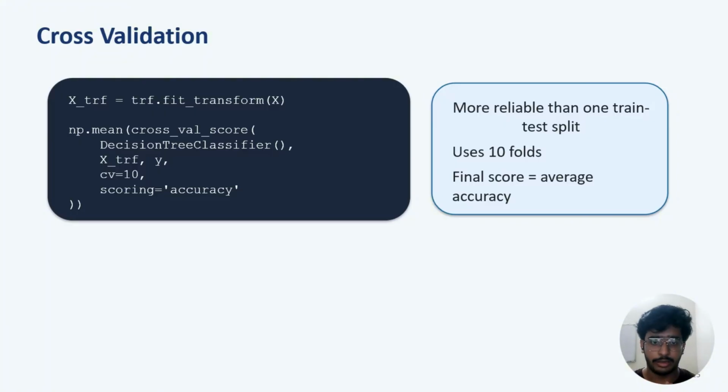The data set is one, but we are dividing it into 10 parts, and the model is trained and tested 10 times. Each time a different part is used for testing, and finally we take the average of the accuracy. This gives a better idea of model performance than a single train test split.